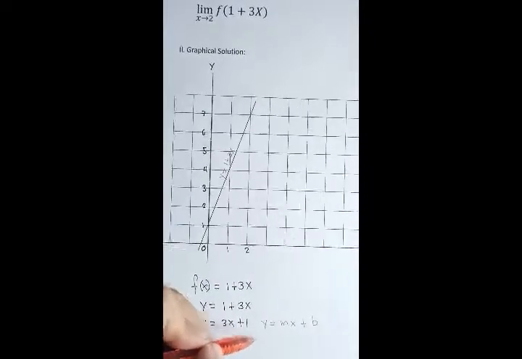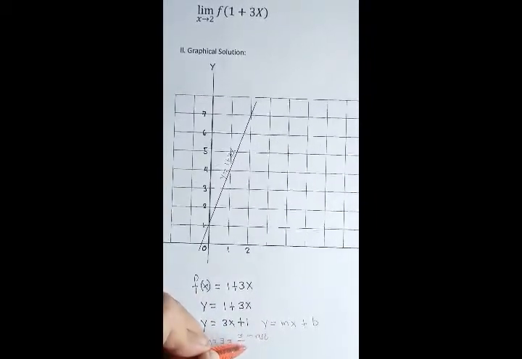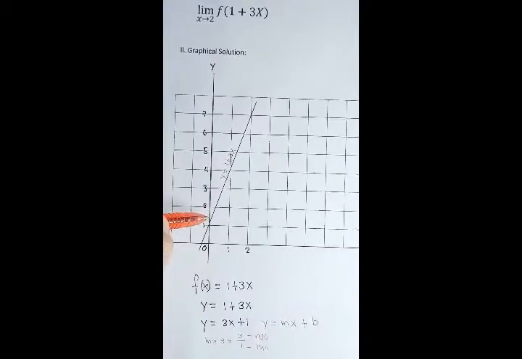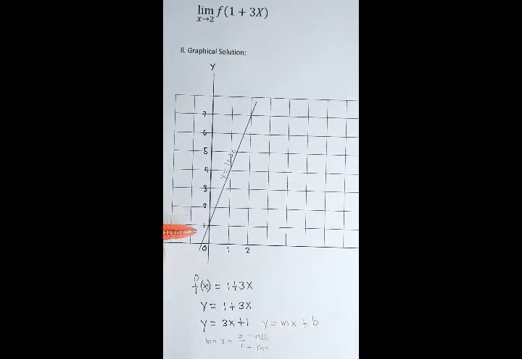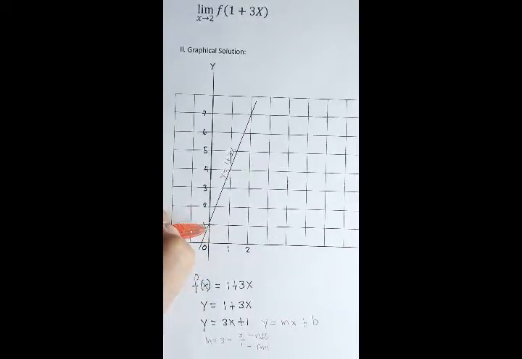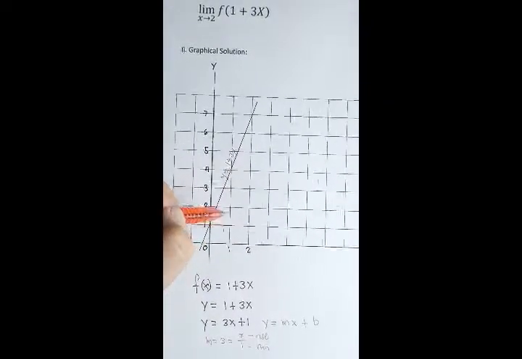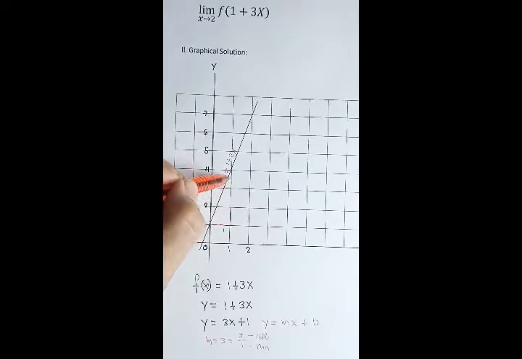So 3 is our rise, and this is our run. If you recall from junior high school, plotting straight lines, our run is 1, then our rise is 1, 2, 3.